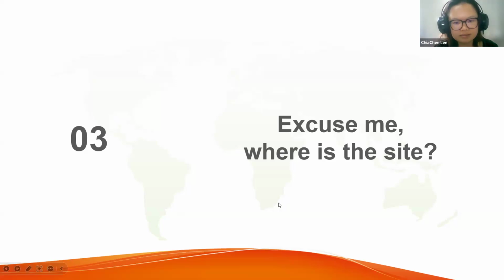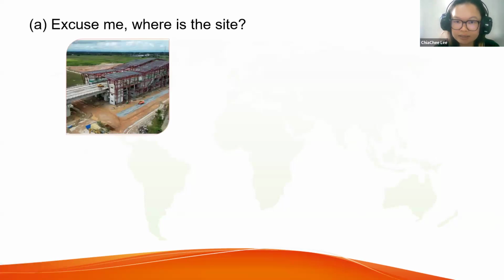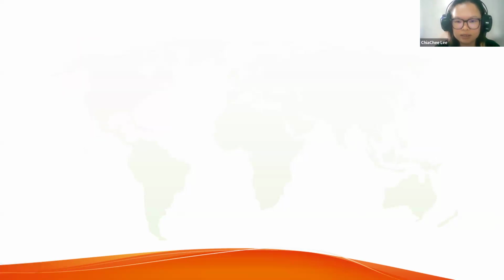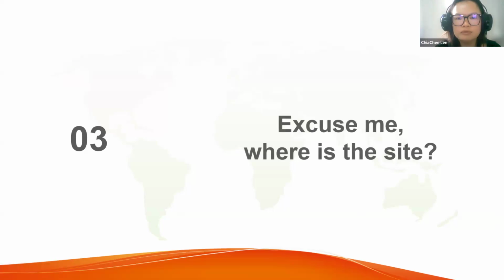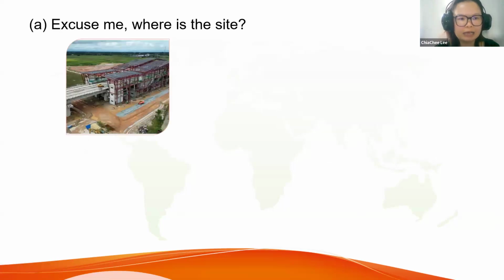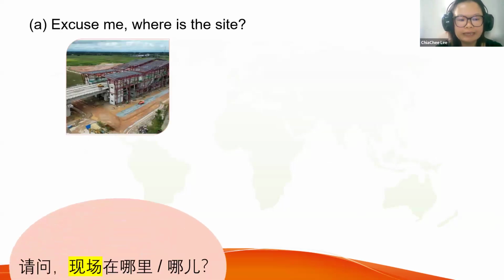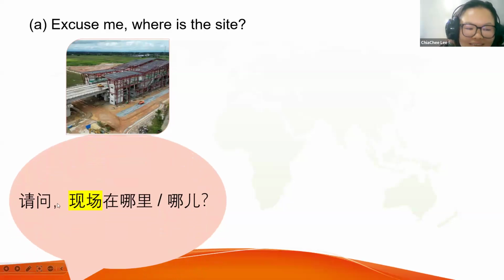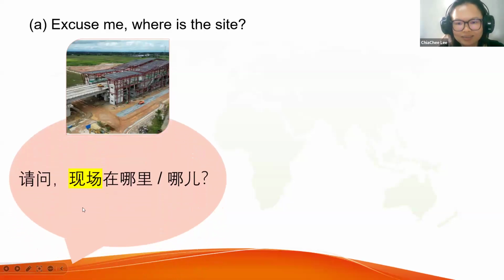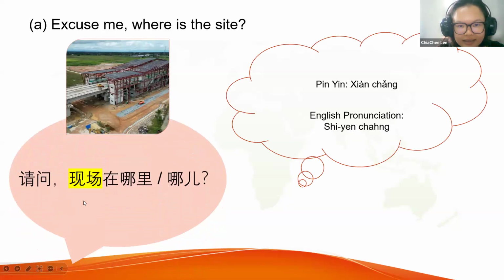So we try to answer this question that we did not answer during our last training. We want to ask, excuse me, where is the side? This is the main topic. The side in Mandarin is 现场. 请问现场在哪里?